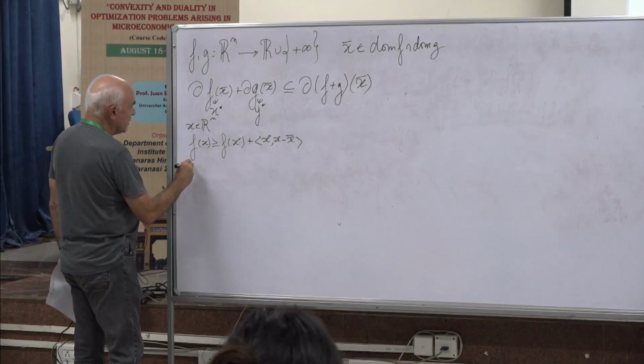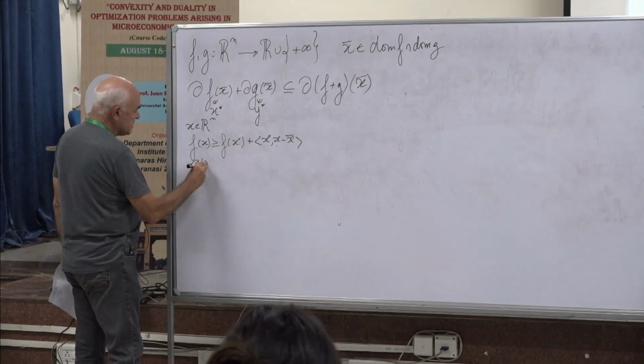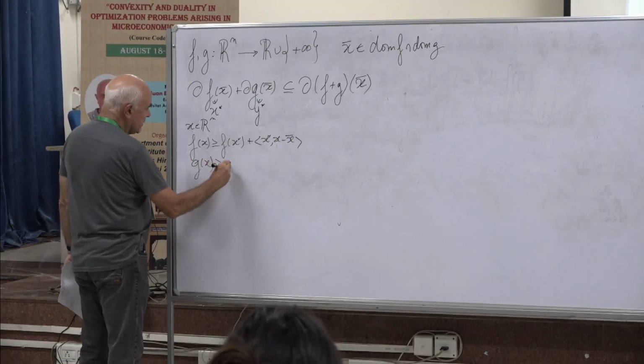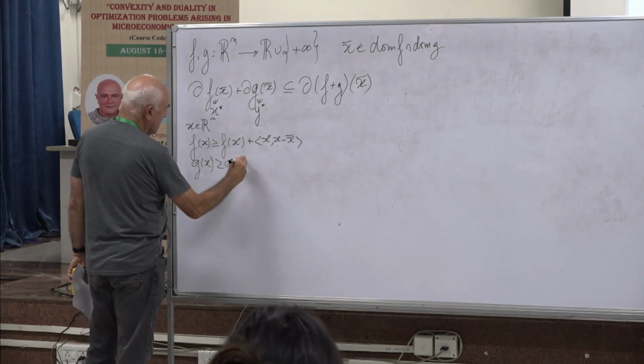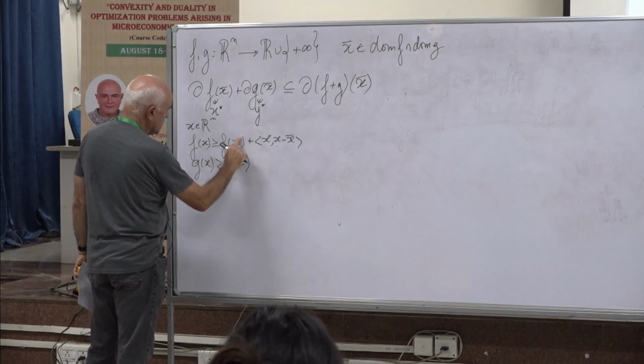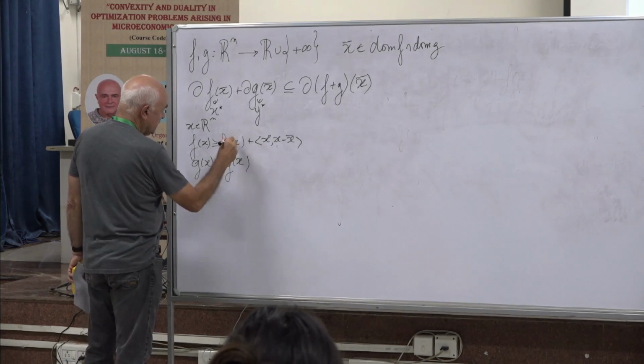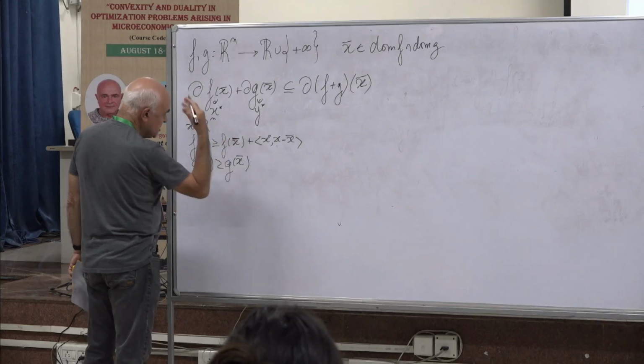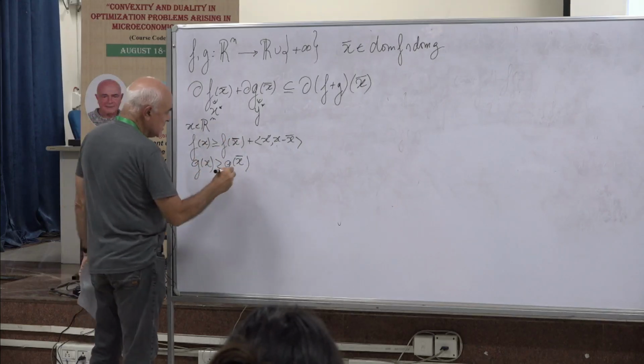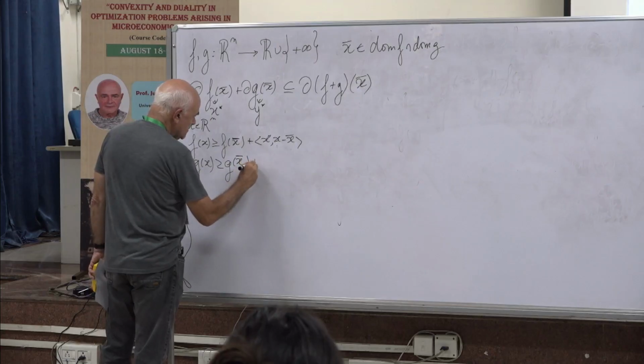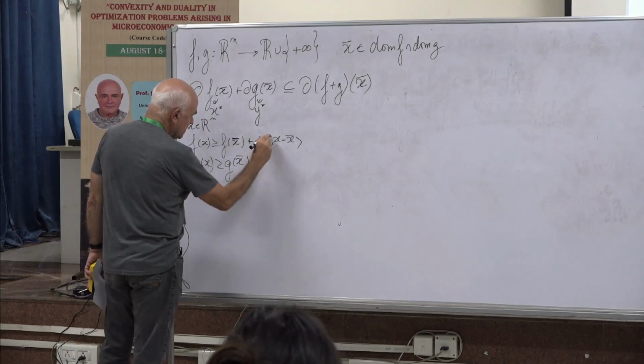And similarly, you have g of x greater than or equal to g of x bar plus y star times x minus x bar. Sorry, I have a tendency to interchange freely bars and stars. I should avoid that.